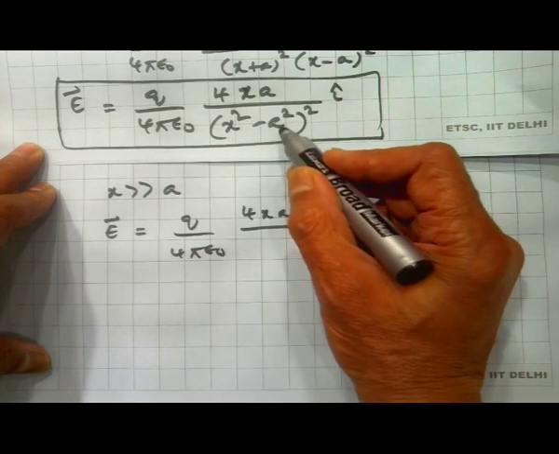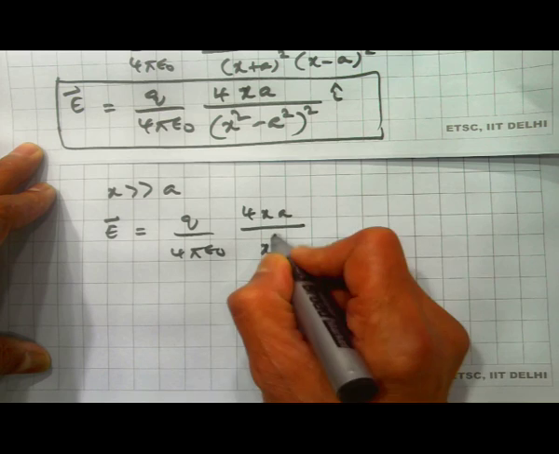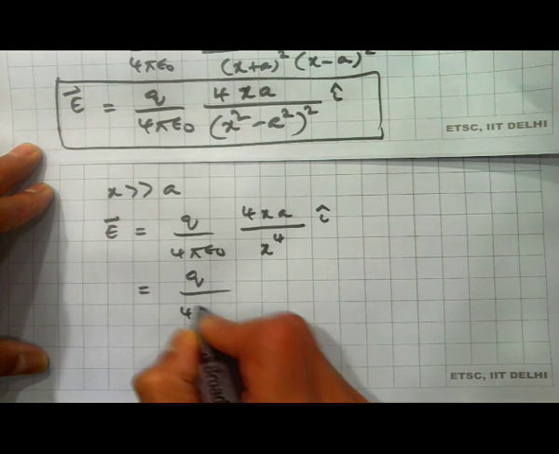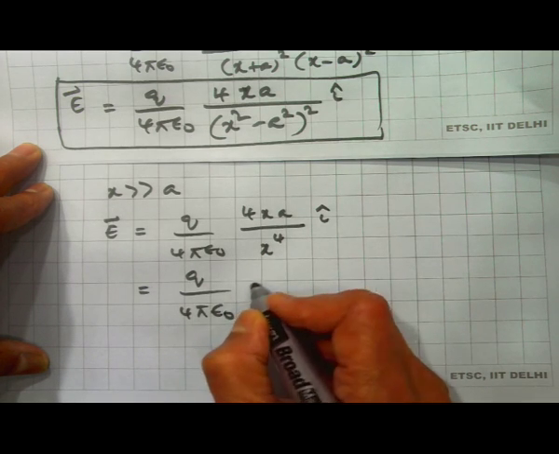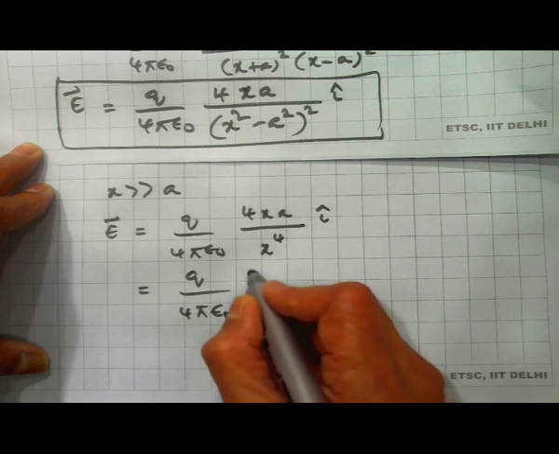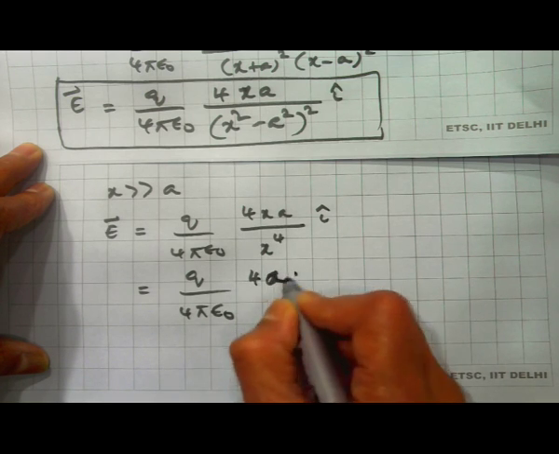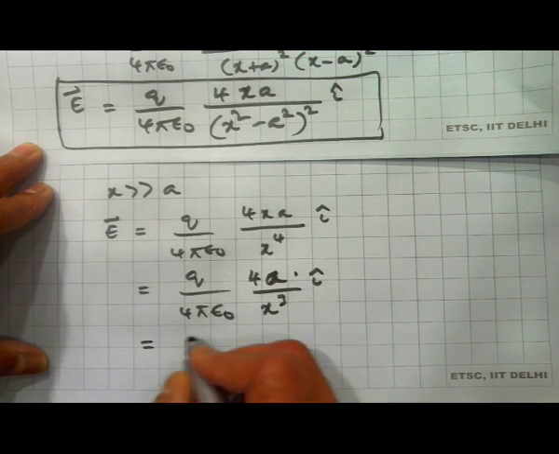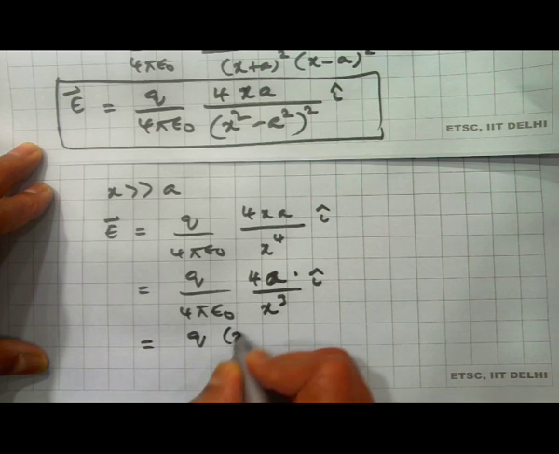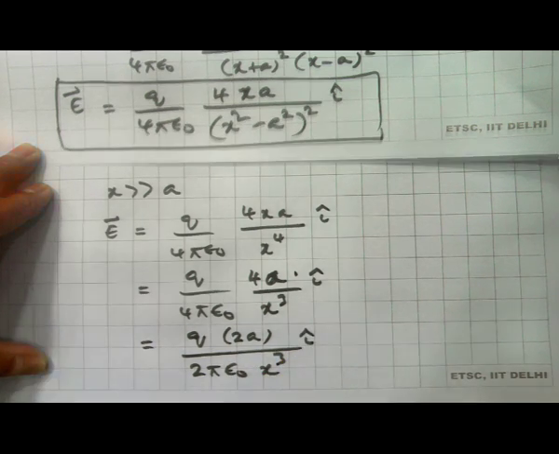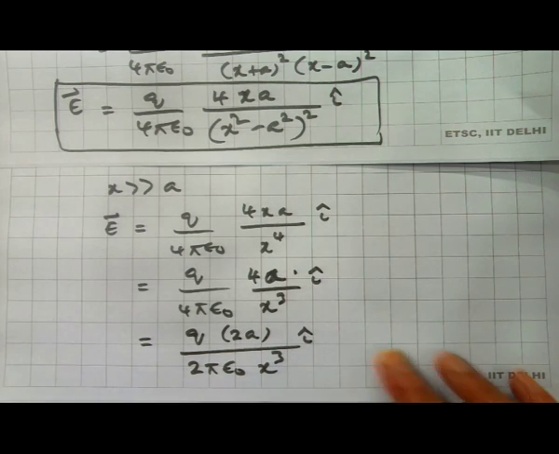I can neglect a in comparison to x, I will get x 4 into I cap, which is actually Q by 4 pi epsilon 0, 4 a by x cube. So, let me write this like this. So, this is Q times 2 a by 2 pi epsilon 0 x cube I cap. I have purposely written like this.